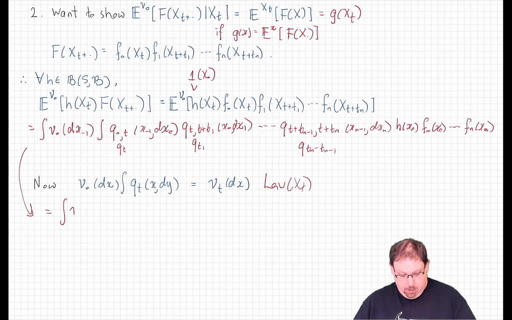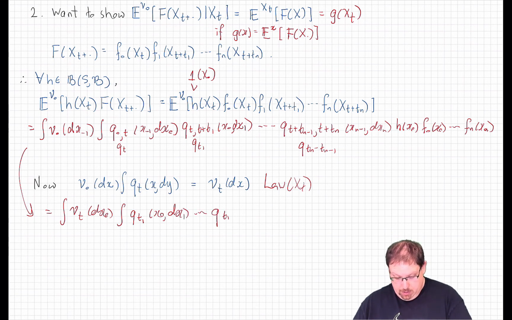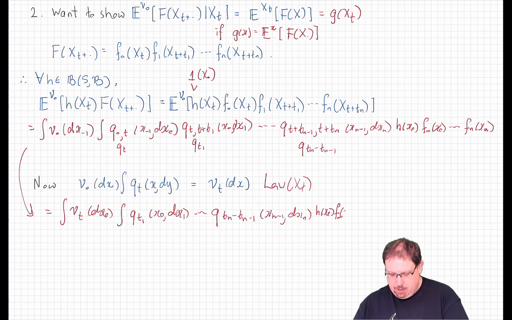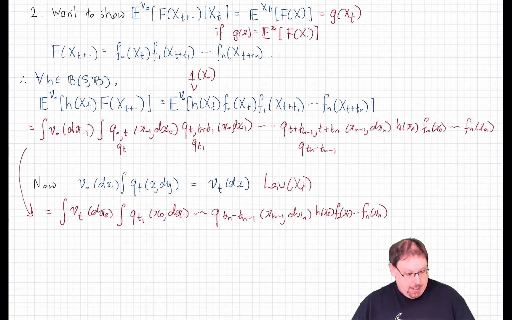It's the integral of nu t dx naught, and then the rest of the things as before. qt1 x naught dx1 up to q tn minus 1 xn minus 1 dxn times our function h of x naught, f naught of x naught up to fn of xn.